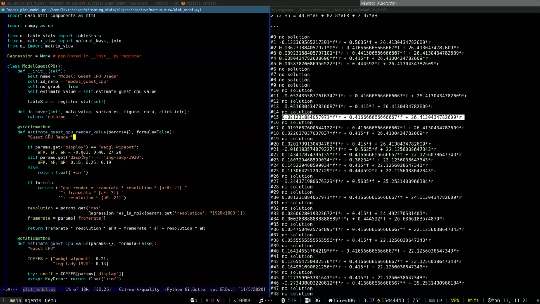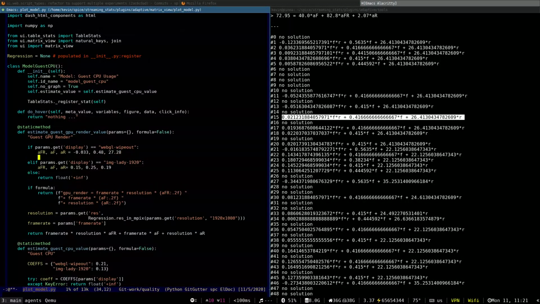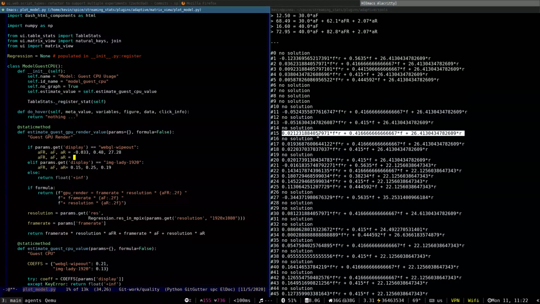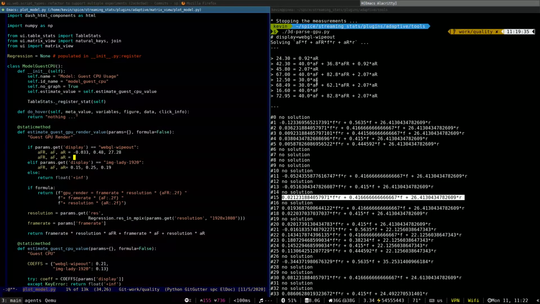So we were using the WebGL modelization, the WebGL display. So I need to fill FR, AF, AR.